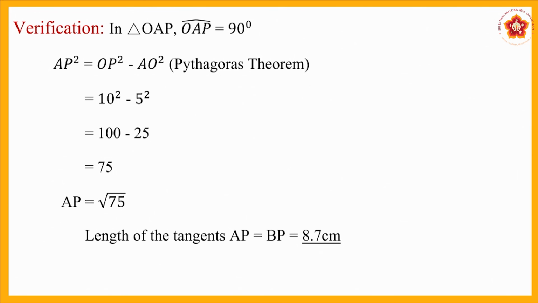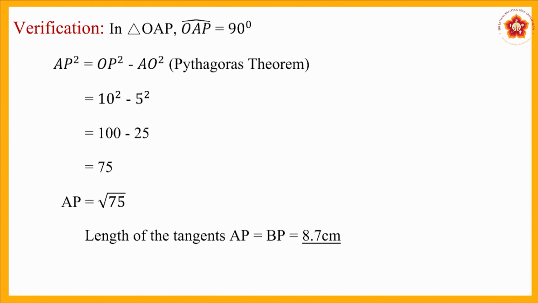Is it clear? Now coming to verification once again. Triangle OAP is a right angle triangle, because OA is a radius, AP is a tangent, and radius is perpendicular to tangent, so OAP is 90 degrees. So by Pythagoras theorem, AP square is equal to OP square (hypotenuse) minus AO square (radius).